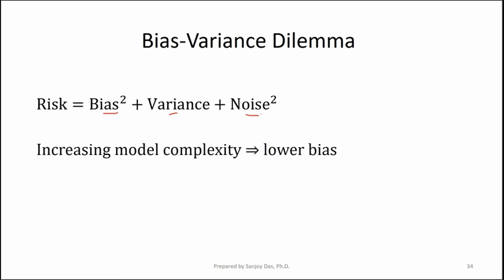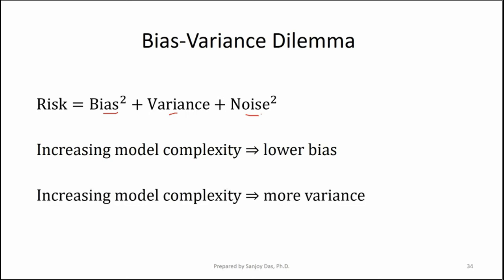As we increase the model complexity, the bias steadily goes down and down and down. Unfortunately, as we increase the model complexity, the variance begins to go up. And so that poses a dilemma. What's the appropriate model for a particular task?